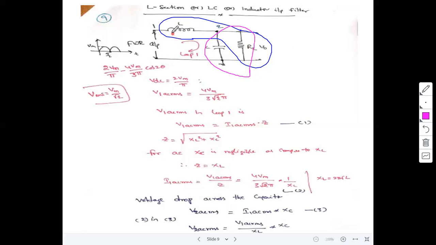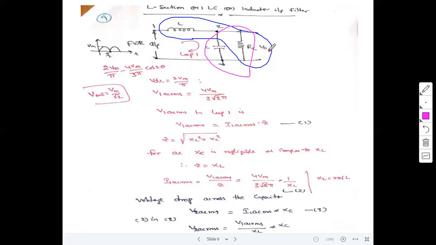So now we connect the LC filter, the L section filter. The effect of RL gets cancelled. Remember this: here the blue line represents the inductor filter and the pink one represents the capacitor filter.